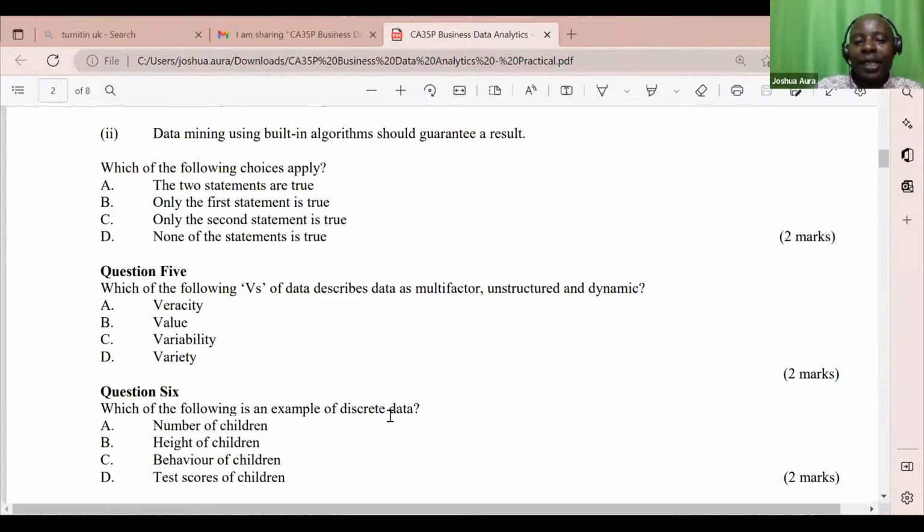Discrete data. Which one in this case would you have taken as discrete data? Remember, to some big extent, discrete means what? You're countable without decimals.